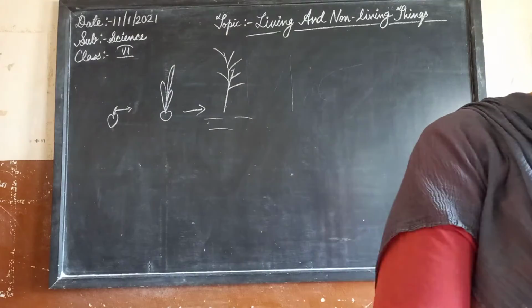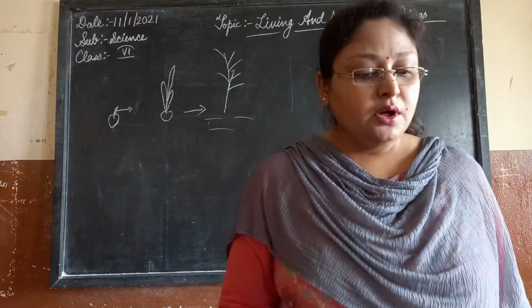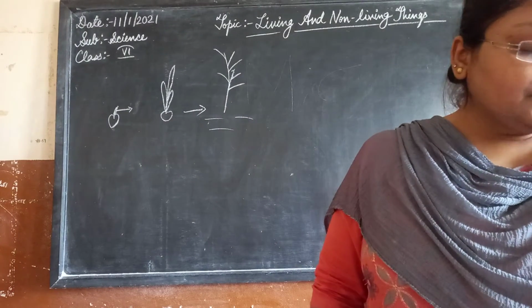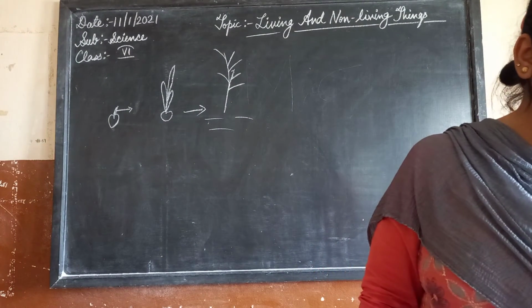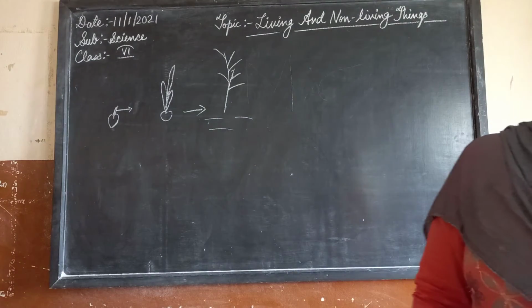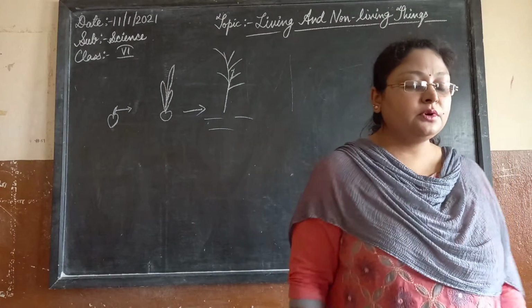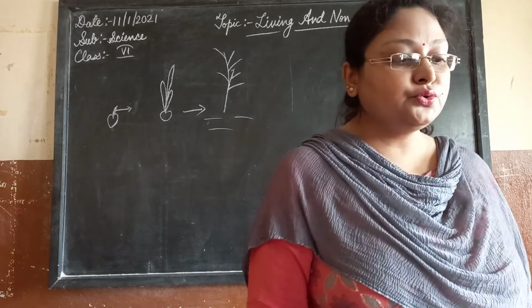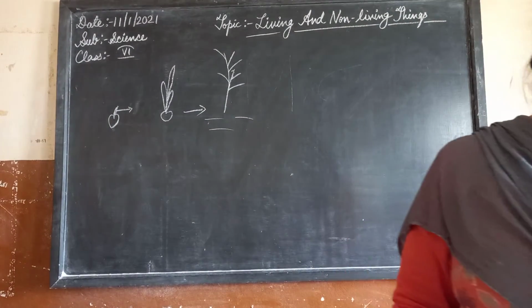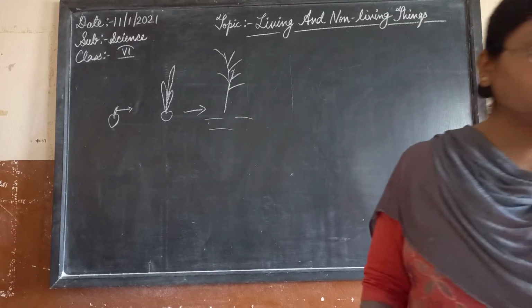Now, living things grow, as a baby grows, as a seedling grows. Living things excrete, which means to urinate or pass motions. Excretion is the process of getting rid of waste material from the body.